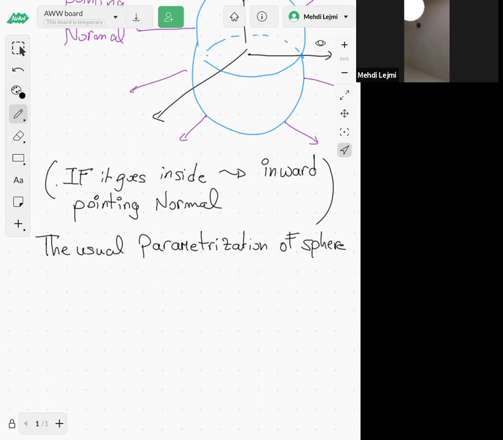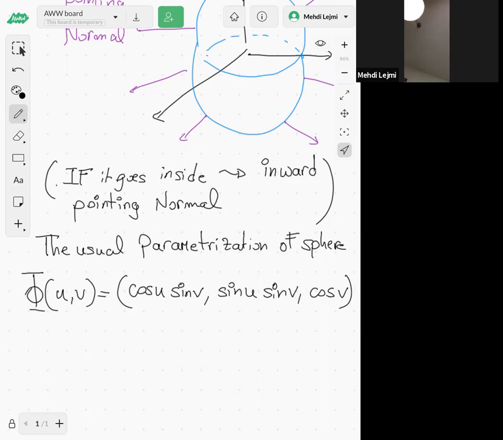So we had phi of u, v is equal to cosine of u sine of v, sine of u sine of v, and then cosine of v. This is the usual parameterization because if this is your x, this is your y, and this is your z, then x squared plus y squared plus z squared will be equal to 1.